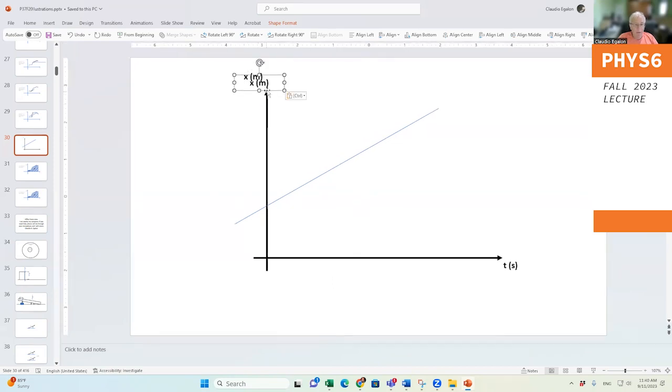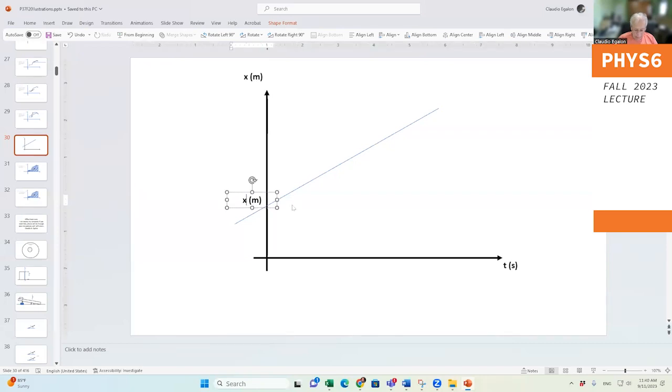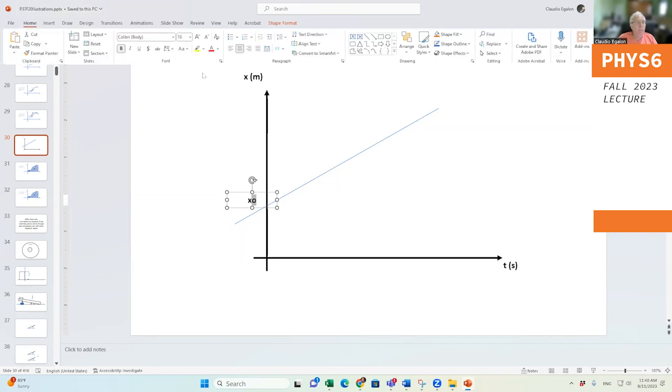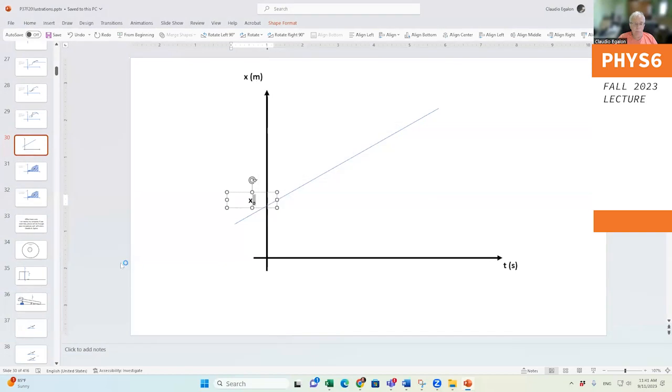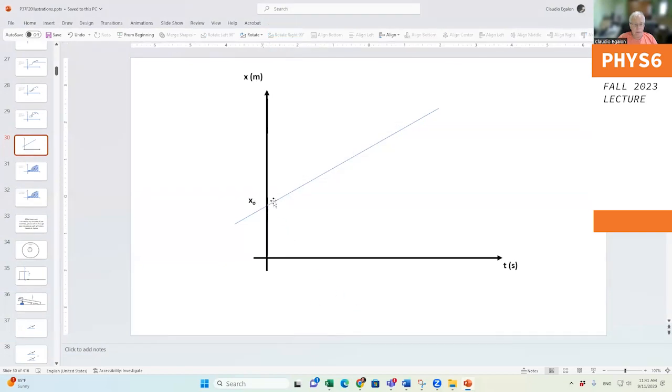The point crossing the position axis is the initial position, which corresponds to t equal to 0.